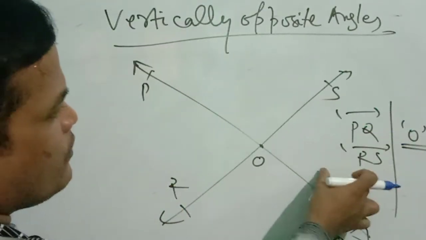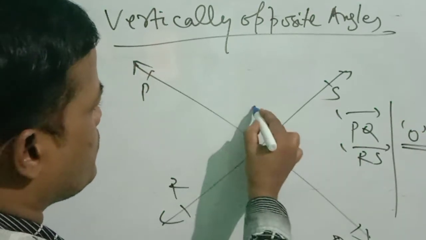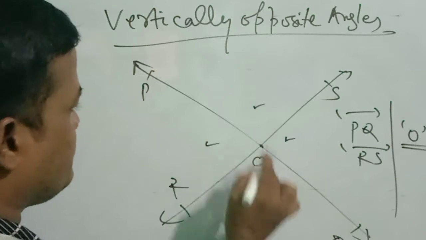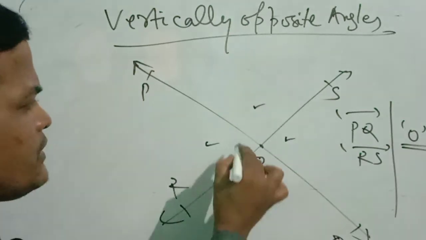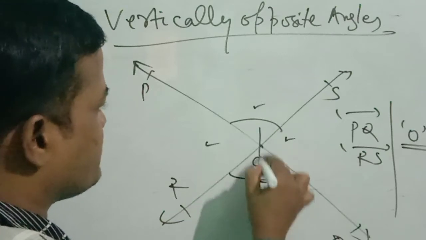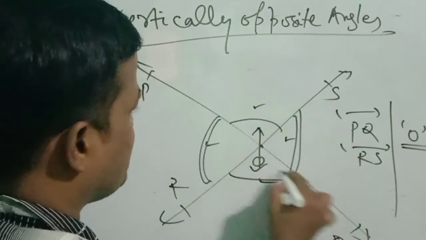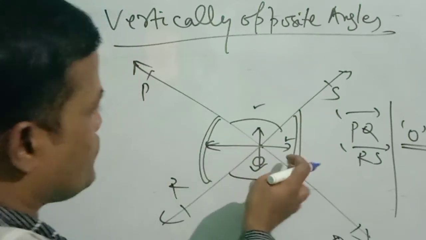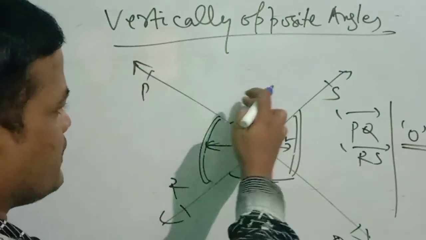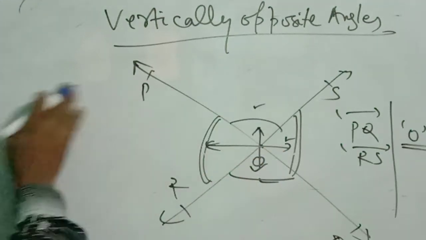Here line PQ and line RS intersect at point O, by which four angles are formed due to their intersection. You see this angle and this angle are opposite to each other, and this angle and this angle are opposite to each other. These angles are called vertically opposite angles.